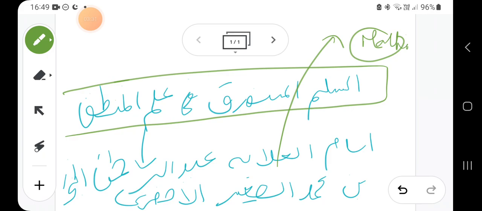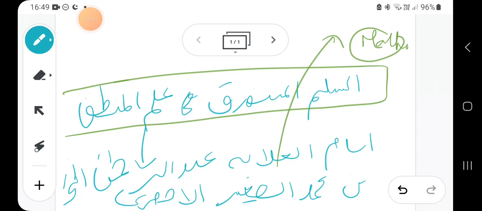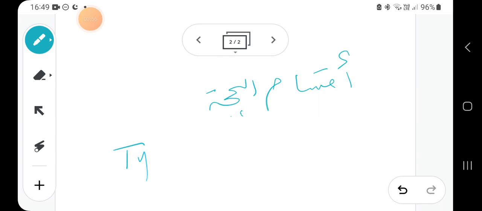So, this is at the end of the poem, where he talks about types of Aqsam al-Hujja, types of argument.